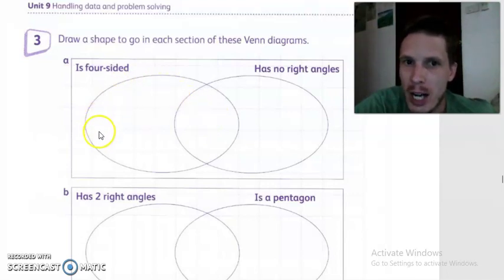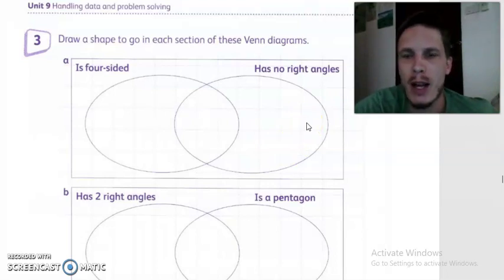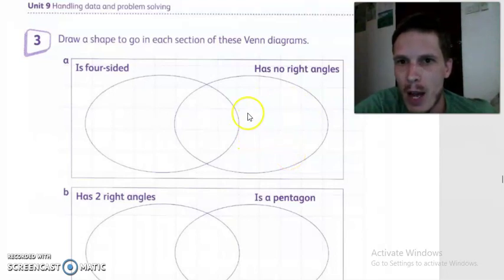We're going to draw shapes in these Venn diagrams. So in this side you need to draw a shape that is four-sided. In this side you need to draw a shape that has no right angles. Okay, I'll send another video about right angles because we've talked about right angles before, but I think some students may need a reminder about right angles, so I'll send a YouTube video about right angles after this lesson as well.